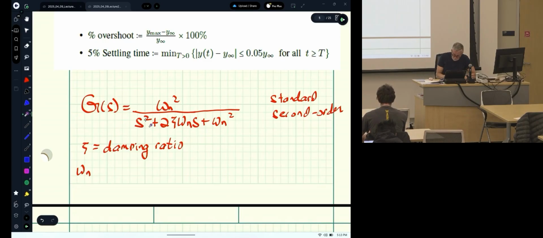So you'd have s squared plus omega n squared equals 0, and so the roots are plus or minus i times omega n. And we know that i omega n in the exponential gives cosine and sine at that frequency. So omega n is called the undamped natural frequency.